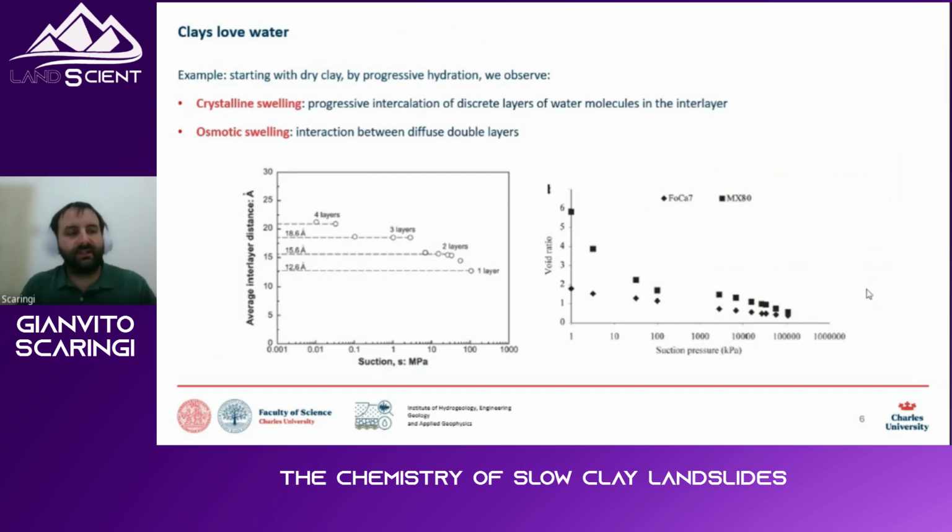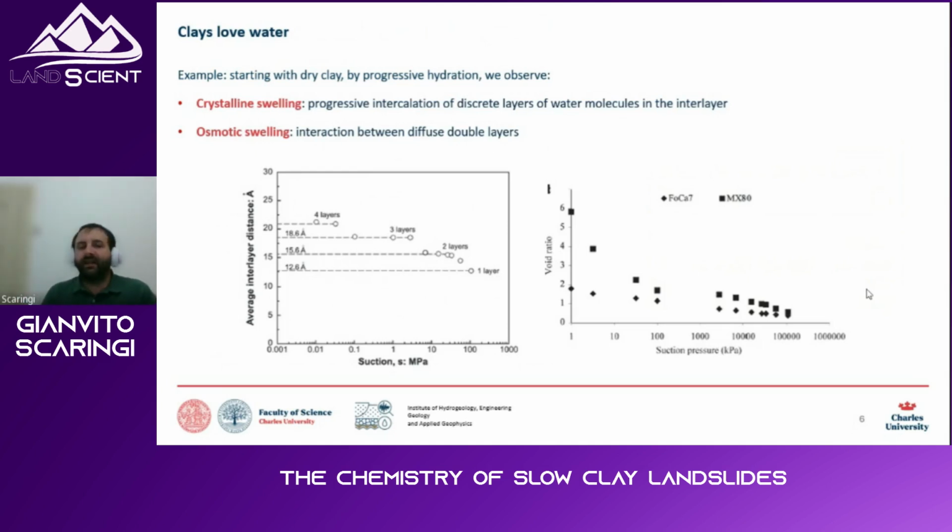Just to show you, I see that the slide comes with a little bit of delay, but eventually it will get there. The first four molecular layers of water, those of the Stern layer, are responsible for crystalline swelling in clay.